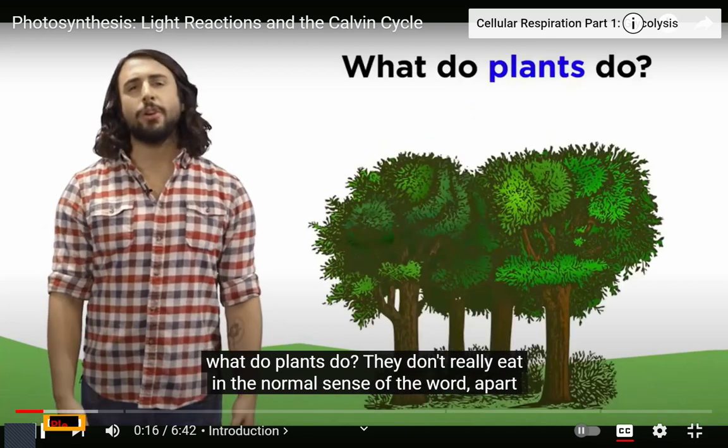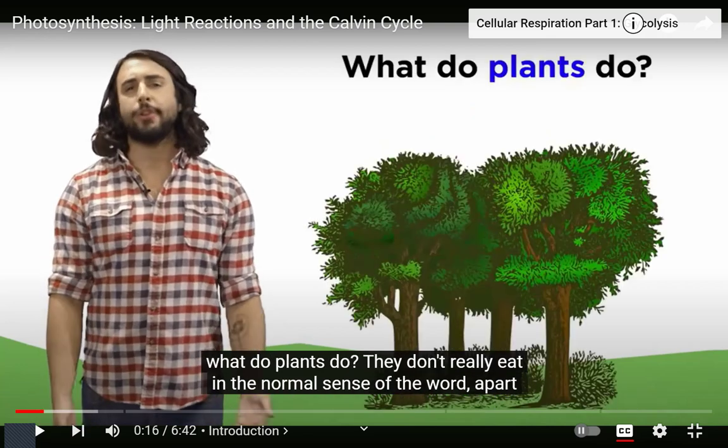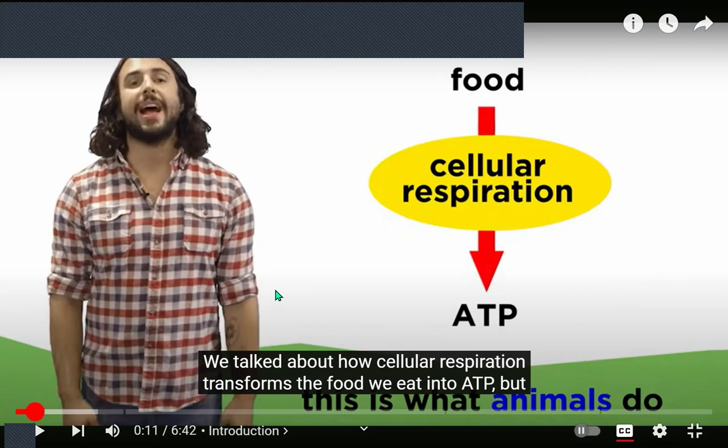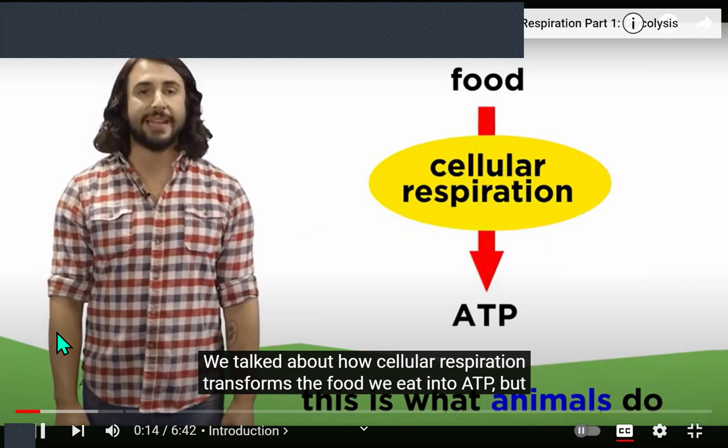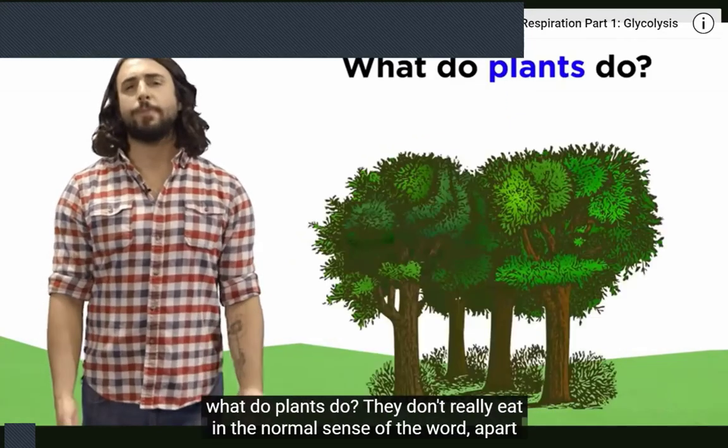So what happens with the ATP-ADP cycle? Food undergoes cellular respiration to produce ATP, and this is what animals do, as mentioned also in our last discussion. How cellular respiration transforms the food we eat into ATP? But what do plants do?